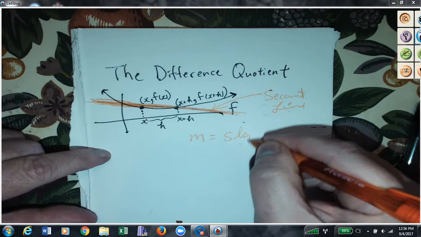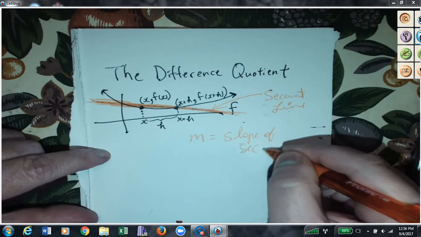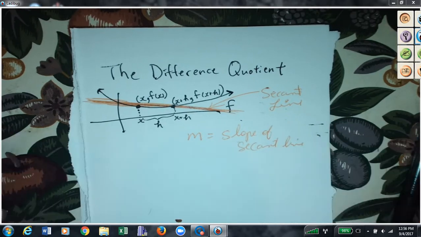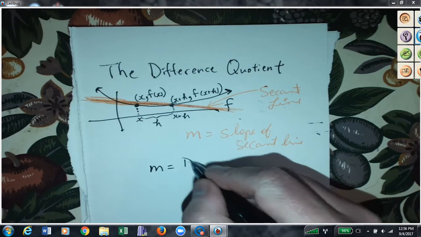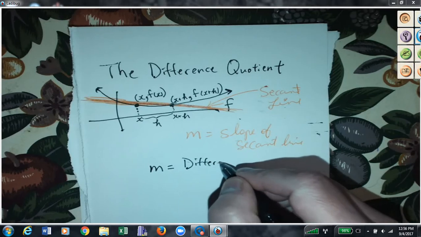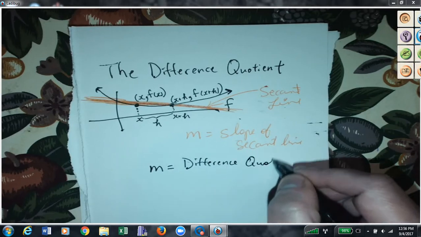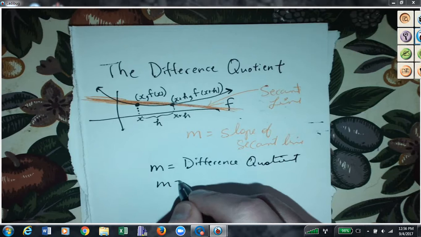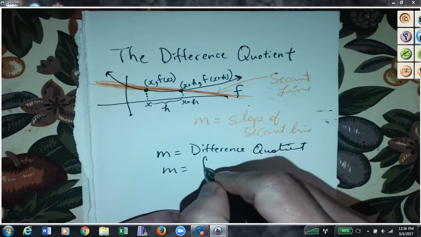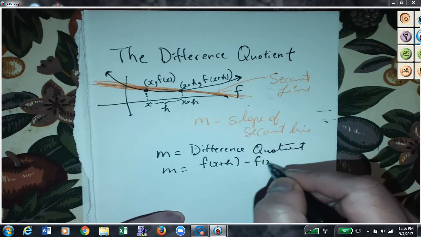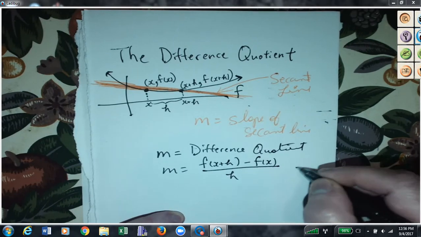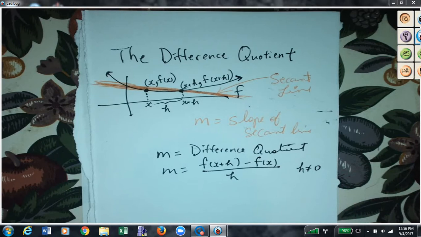So m is going to be the slope of the secant line, the slope of the orange line, and the formula that we have for it is called the difference quotient. So to get that slope, we want the difference quotient. It's going to be f evaluated at x plus h minus f of x all over h. And of course here we have the stipulation that h is not equal to 0. So this is the difference quotient, this formula here.